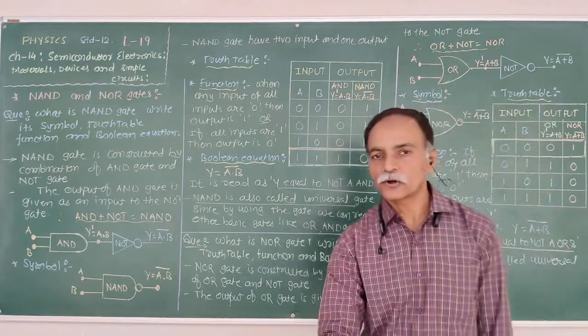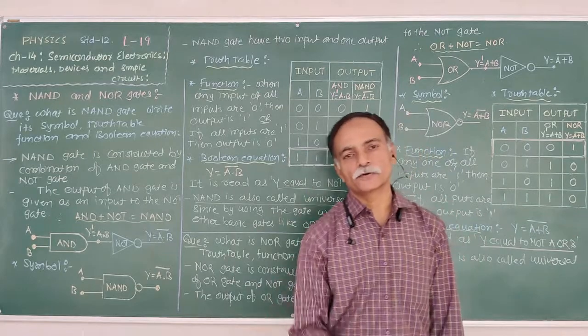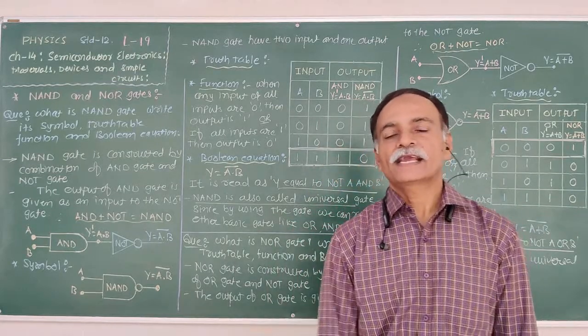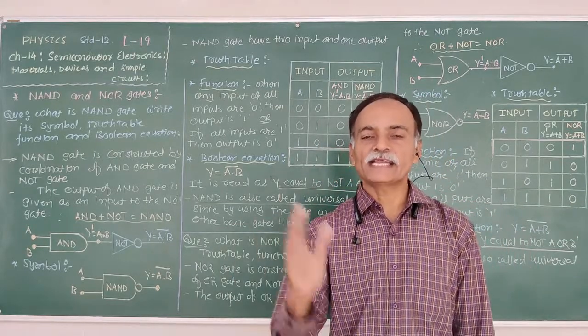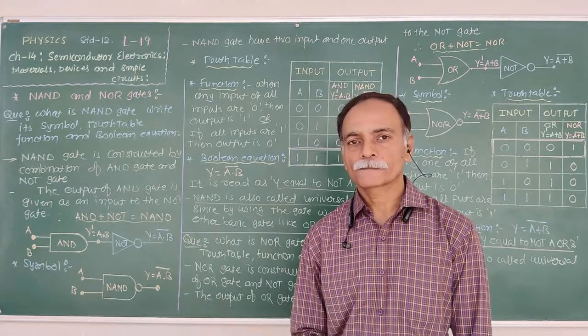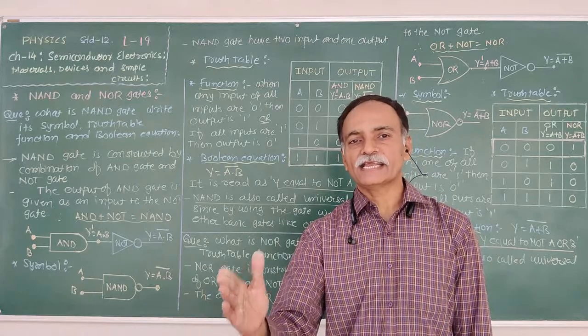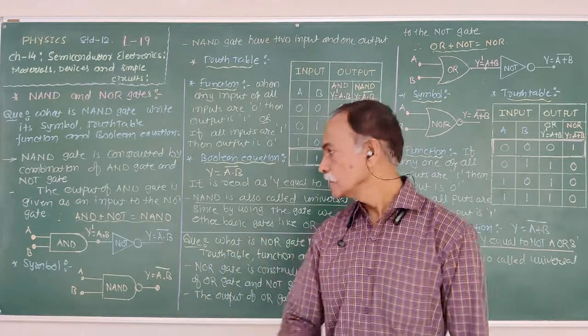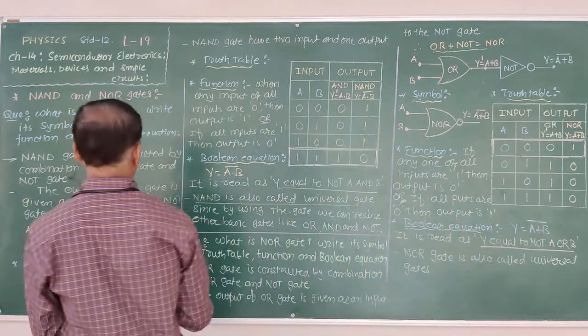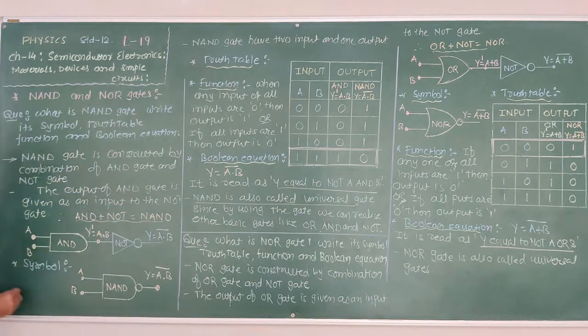Or what is the characteristic of that? Characteristic of OR gate is 0, 0, 0. Right? Characteristic of AND gate is 1, 1, 1. Now, there is the NAND gate: 1, 1, 1 is the AND gate, then 0. So that is the characteristic of NAND gate. The AND gate is 1, 1, 1 for inputs A, B and output Y, and for NAND gate, Y is 0.